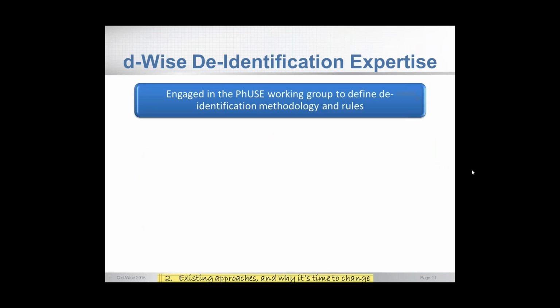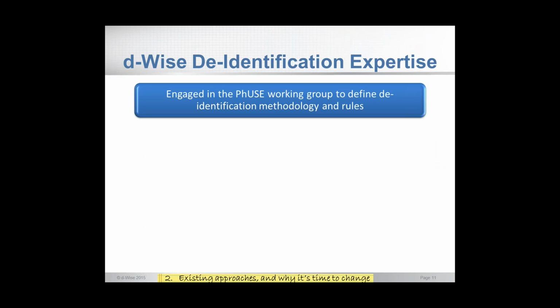So I want to spend a minute or two talking about how DWISE has been working in this space. We're like a number of other organizations, spending a fair bit of time trying to understand the landscape of de-identification from a business perspective and from a technical perspective. Part of what we've done is we've been engaged with the FUSE working group that has defined a set of de-identification methodologies and rules.